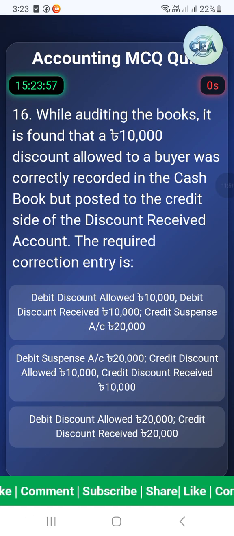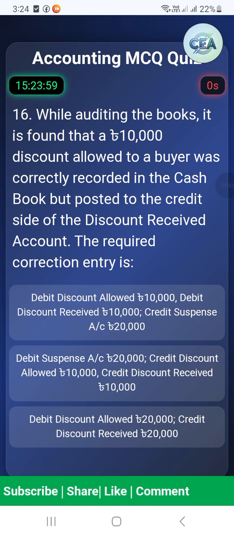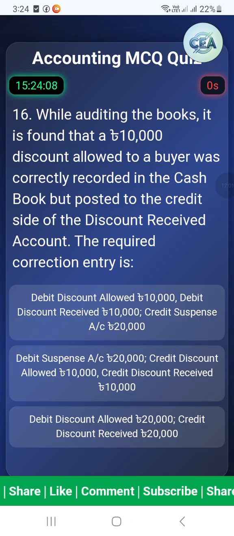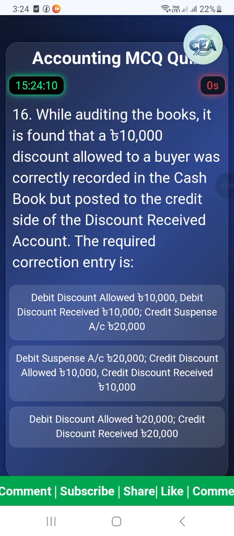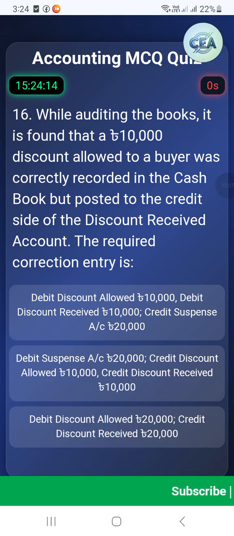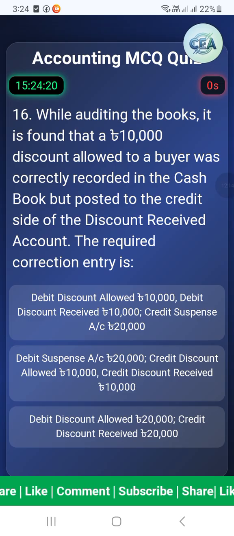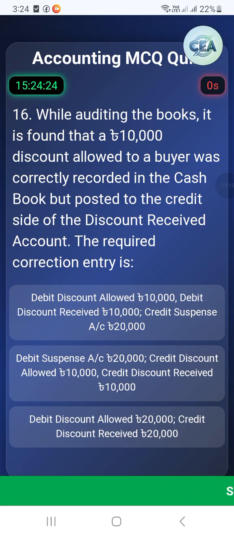16. While auditing the books, it is found that a 10,000 takas discount allowed to a buyer was correctly recorded in the cash book but posted to the credit side of the discount received account. The required correction entry is Option 1. Debit discount allowed 10,000 takas, debit discount received 10,000 takas, credit suspense AC 20,000 takas. Option 2.